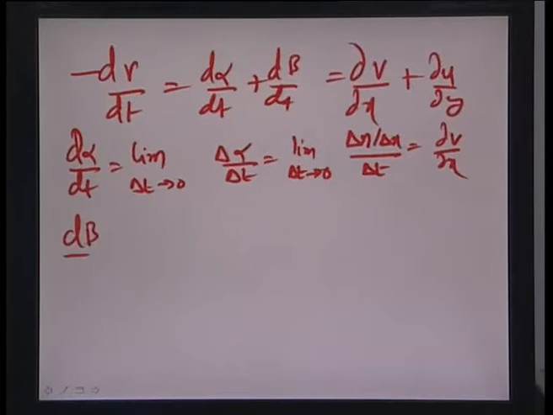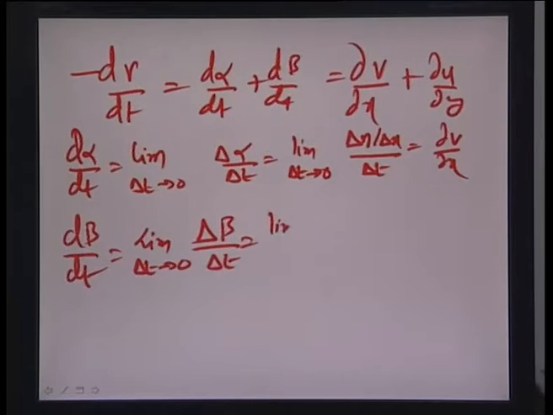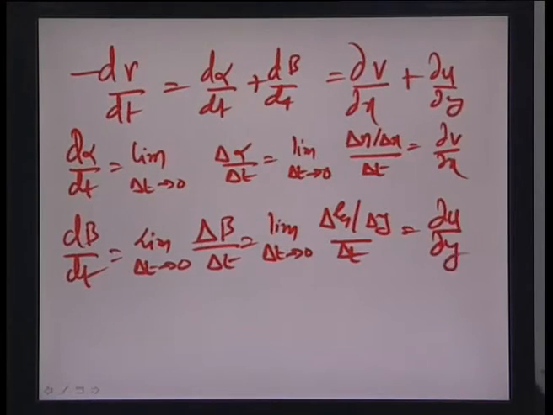And d beta by dt is nothing but the limit of delta t tends to 0 of delta beta by delta t, which is equal to again the limit of delta t tends to 0 of delta zeta by delta y delta t, which is nothing but del u by del y.